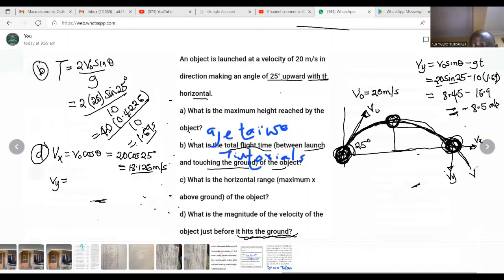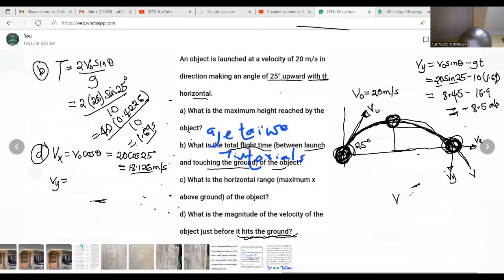How do you find total velocity? We have Vx and Vy. Total velocity is the square root of Vx squared plus Vy squared.